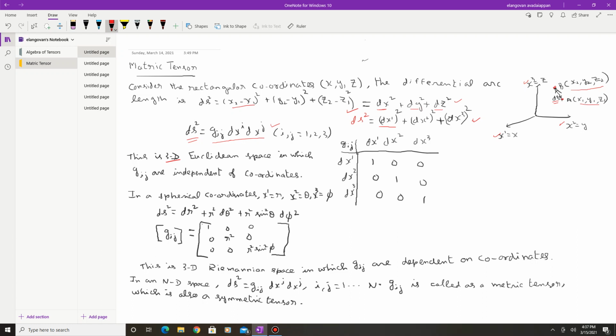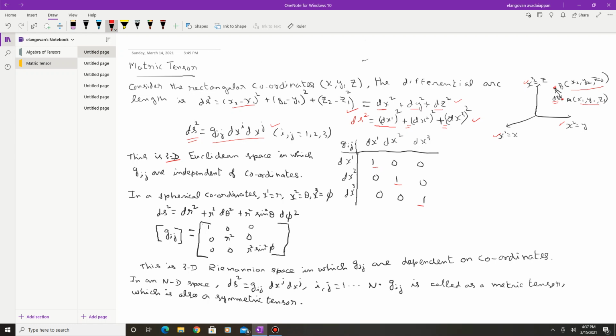So g11 will be 1. Similarly g12 is 0, g13 is 0. Similarly g22 is 1, g33 is 1, and all other values are 0.